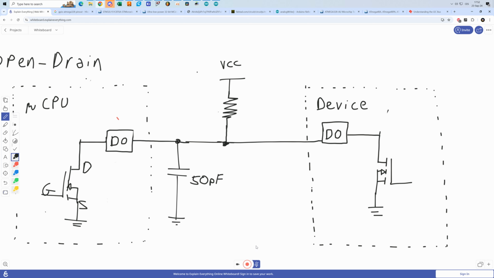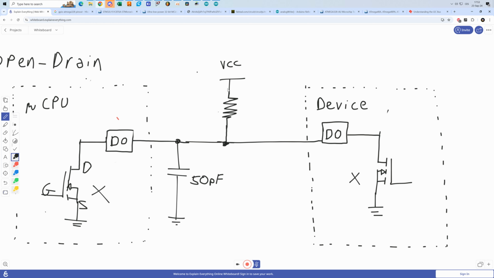When it discharges, when the bus needs to be low, this capacitance is not that big of an issue because when these transistors turn on, there is very low resistance between drain and source. So this capacitor discharges very quickly. So that's not an issue. But when the bus is pulled high, meaning that no transistor is on, they are both off, what's going to charge this capacitor?